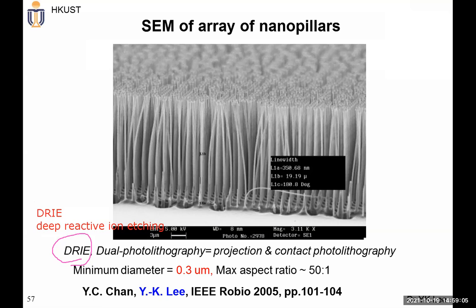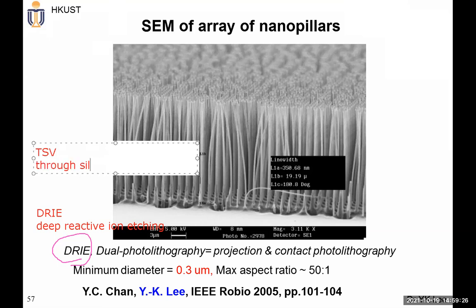They really demonstrate this very unique TSV, through silicon via, for semiconductor integration. So deep RIE is not only used to make a microchannel or some pillars, but also TSV, through silicon via. In this case, it's an important technology for 3D integration.